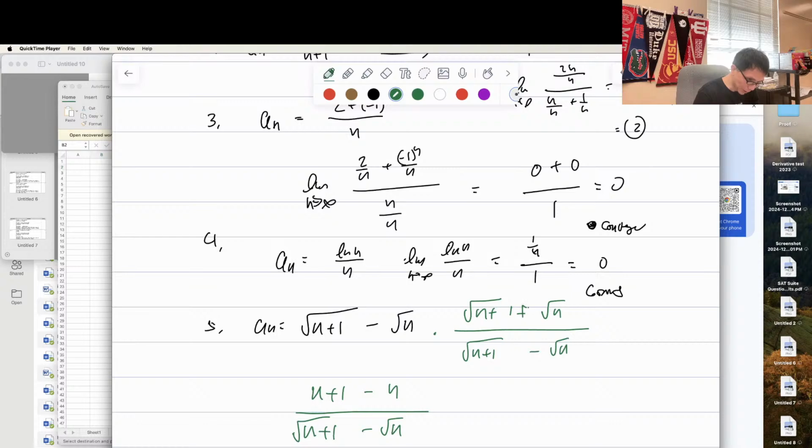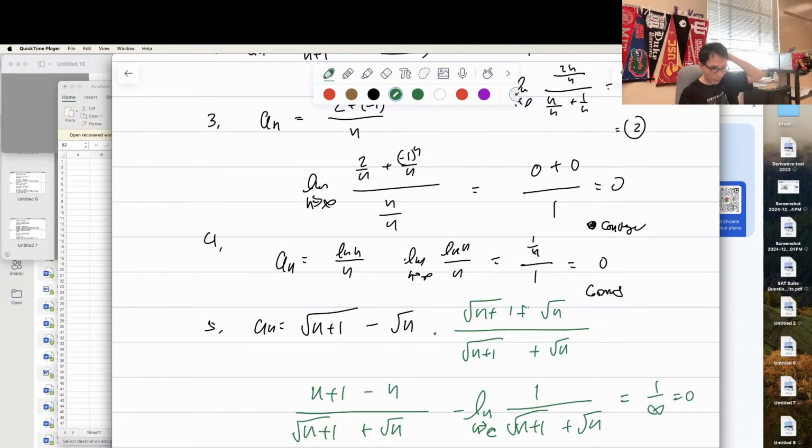Oh, sorry, this is a plus. So that's going to give you 1 over square root of n plus 1 plus square root n, as n approaches infinity. This is a plus, sorry. So this one is going to give you 1 over infinity, so eventually it goes to 0.